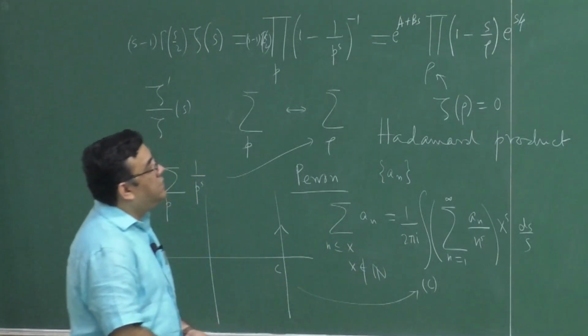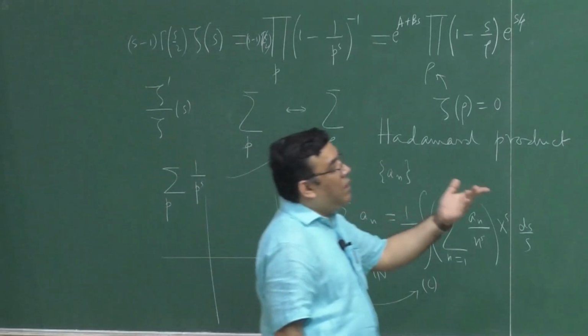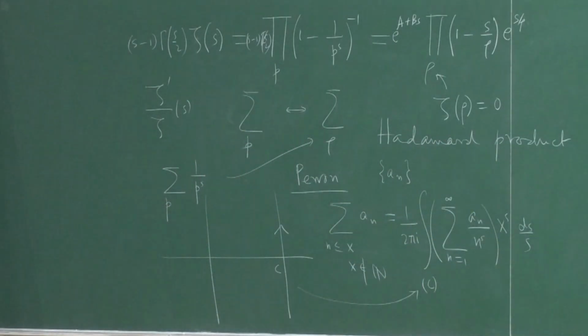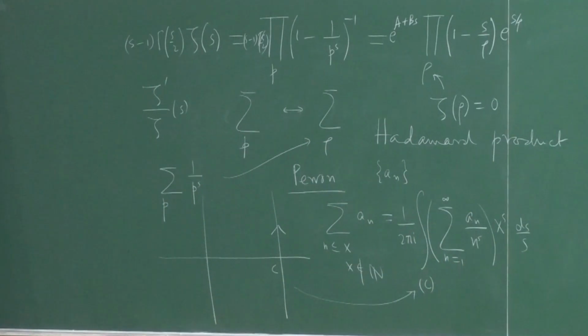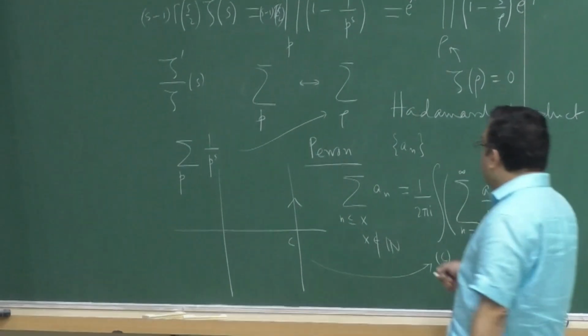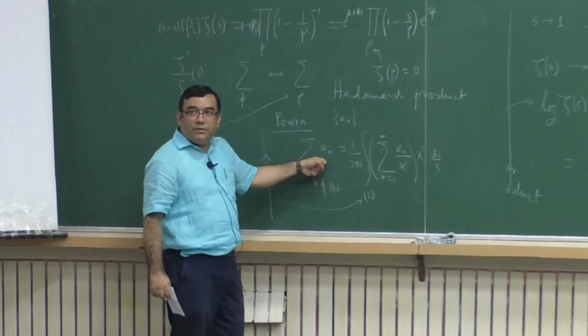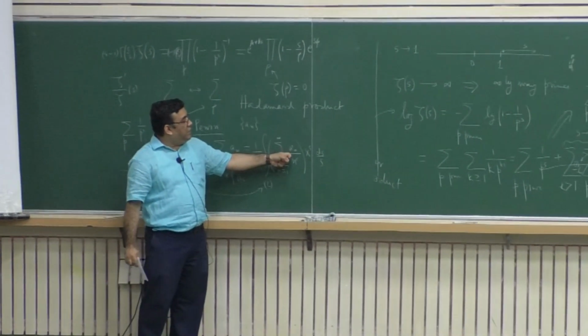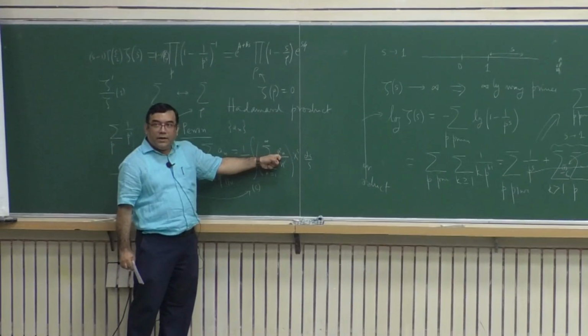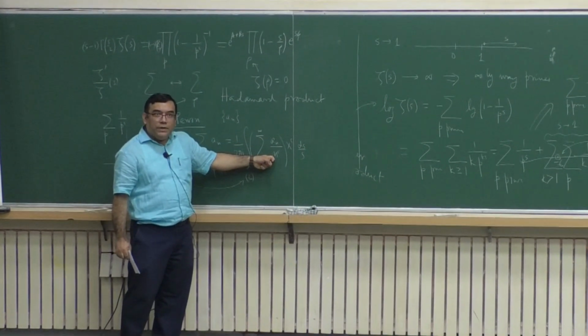Right? If you are interested in counting the number of primes less than or equal to x, what you will be interested in over here is the indicator function of the primes. And then if you put the indicator function of primes over here for a_n, then you get the series of 1 by p to the power s.